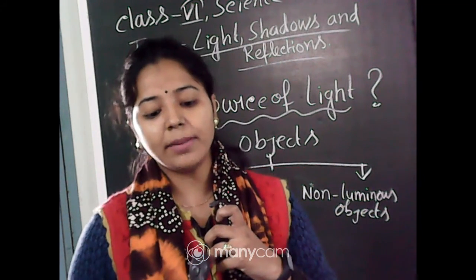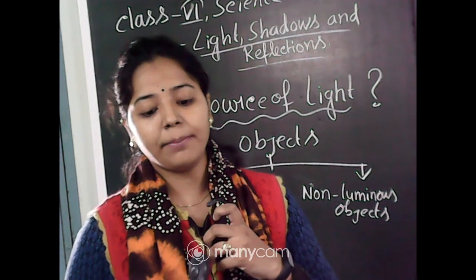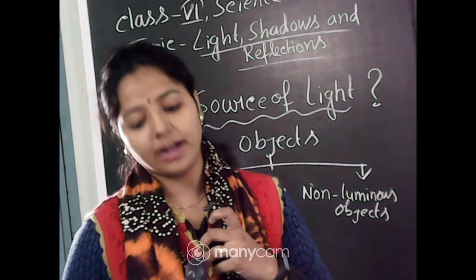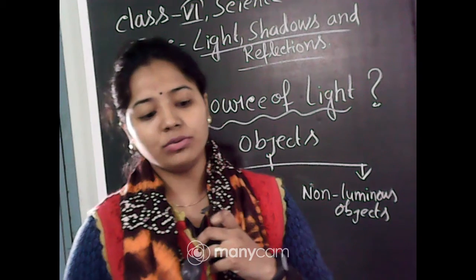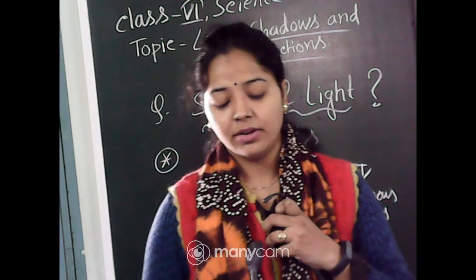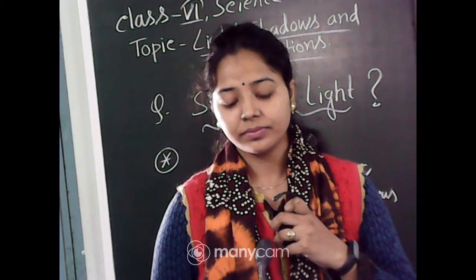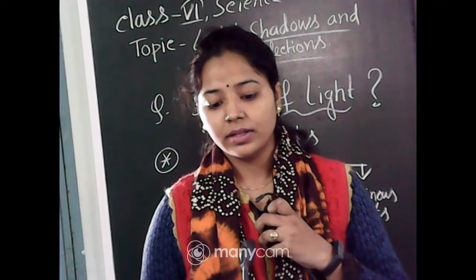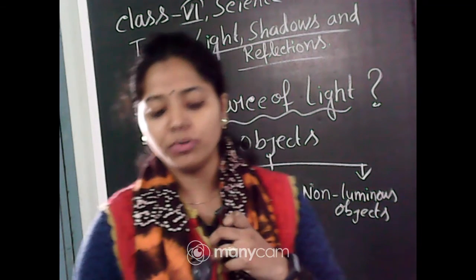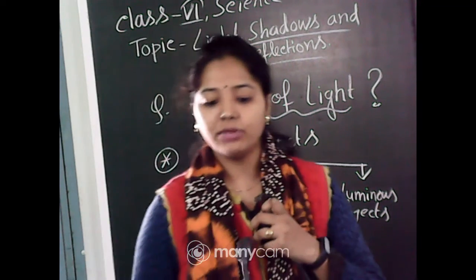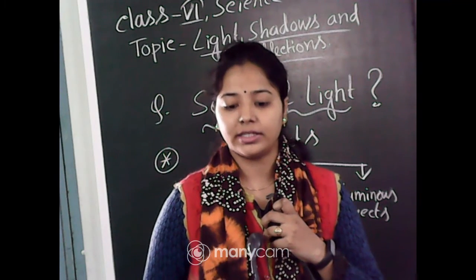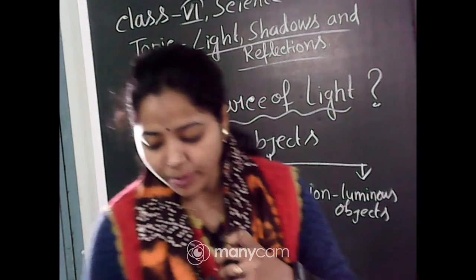They do not emit their own light. Such examples are like Earth and other planets, you know, they do not have their own light. Okay? These are examples of non-luminous objects. They do not have their own light. Okay? I hope you understood.